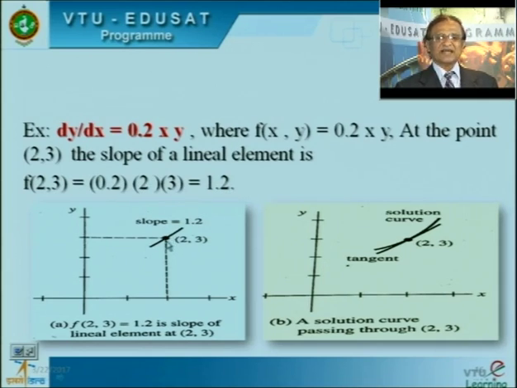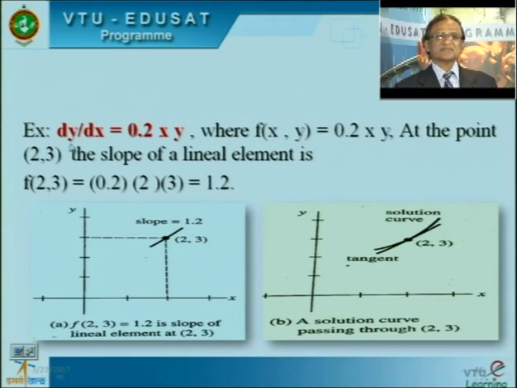So, at this point, the slope is equal to 1.2. You can draw the tangent and calculate the slope. The slope is equal to 1.2. How do you get all these things? It is very simple. You know the various methods.